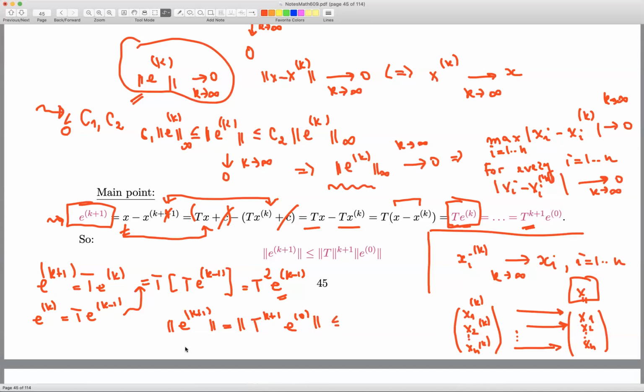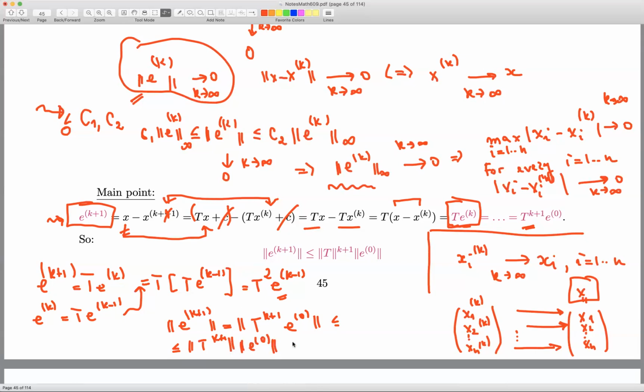And then we use the inequality that the norm of a matrix applied to a vector is less than or equal to the norm of the matrix times the norm of the vector.